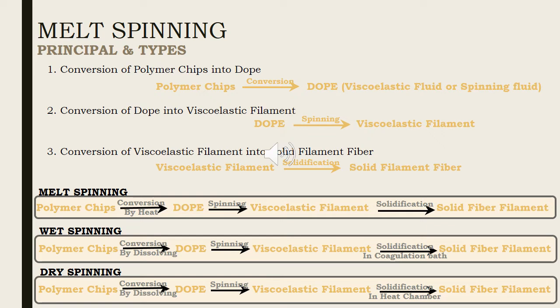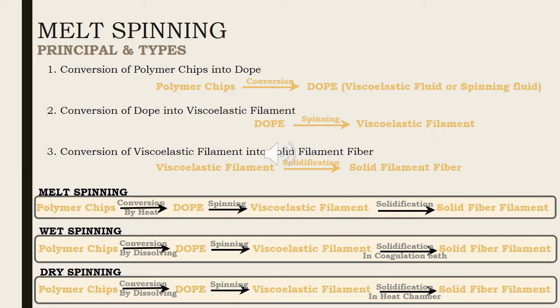If polymer chips are thermoplastic polymers like PET, polyamide, polyurethane, etc., melt spinning, wet spinning, or dry spinning can be used. However, melt spinning is preferred. If polymer chips are thermosetting polymers like polyacrylonitrile, viscous rayon, cellulose acetate, etc., wet spinning or dry spinning can be used.